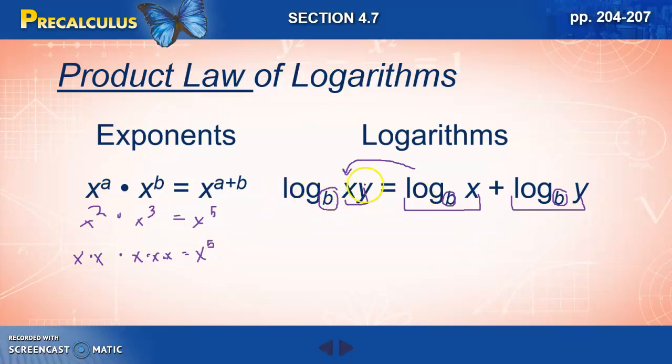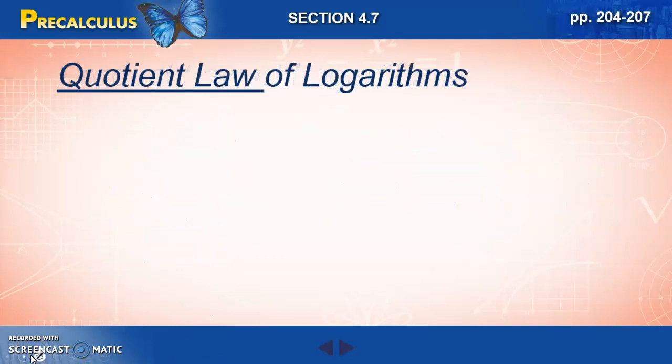Now, you might sometimes be given a logarithm like this and be asked to break it into an addition problem. Or you might be given two logs that you're adding with a similar base that you can rewrite as a multiplication problem. So the product law of logarithms says that the log of xy to the base b is the same thing as the log of x to the base b plus the log of y to the base b. You can see hopefully how those are similar, related.